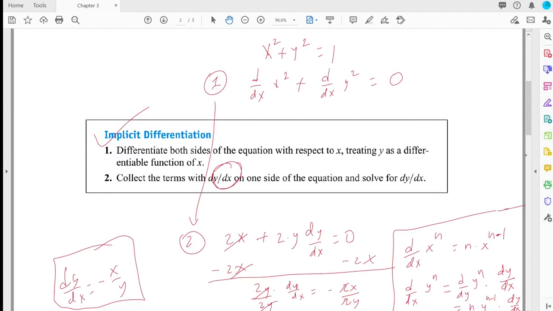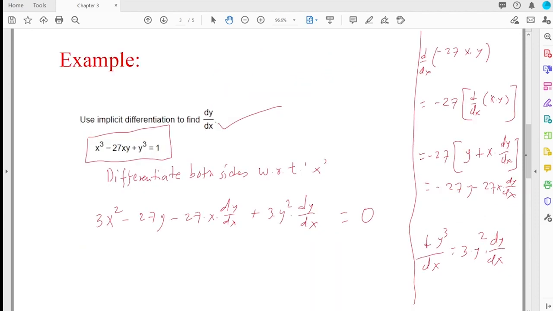Now the second step is collect the terms with the dy over dx on one side. As you can see, this term has a dy over dx, this term has a dy over dx. So we just keep them on the left side and everything else will go to the right side. So we have to bring this 3x squared and this 27y to the right side.